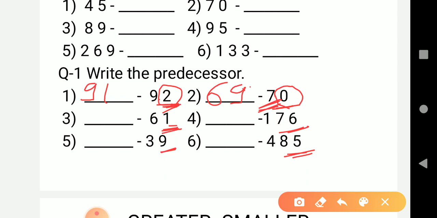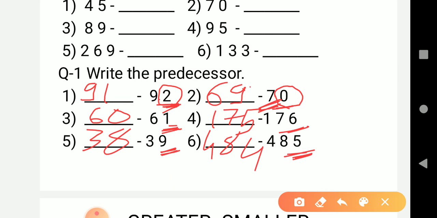Now 1 before, so before 1 we always write 0, so it is 60. 17. 6 before is 5. 9 before is 8. 5 before is 4. 84. Understood? Okay, so this is the predecessor and successor of a number.